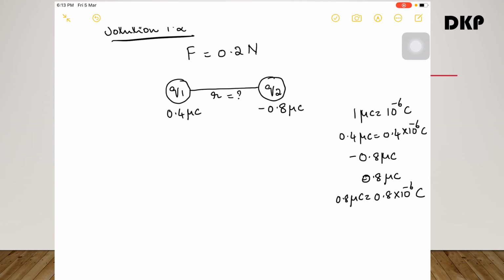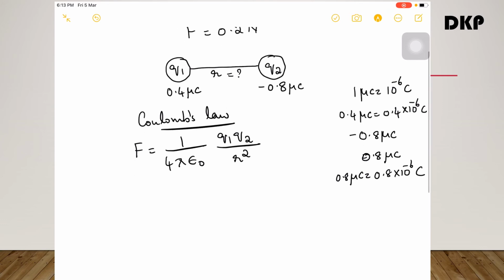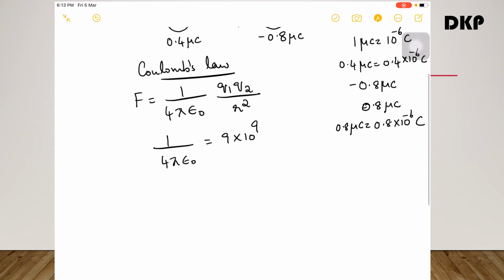Now you have to substitute this in the equation for Coulomb's law. That is, F is equal to 1 by 4 pi epsilon 0 Q1 Q2 upon R square. 1 by 4 pi epsilon 0 is 9 into 10 to the power of 9.